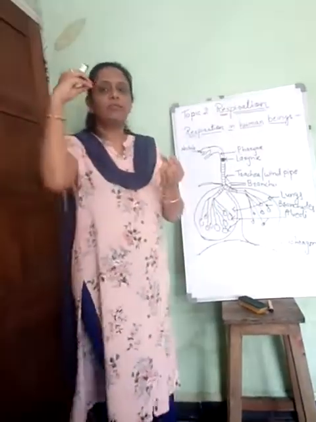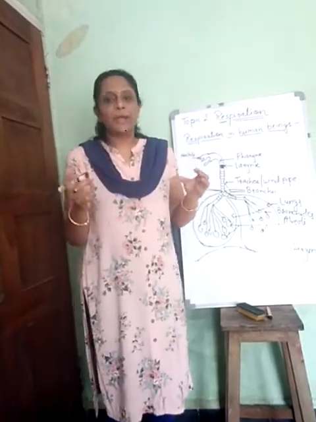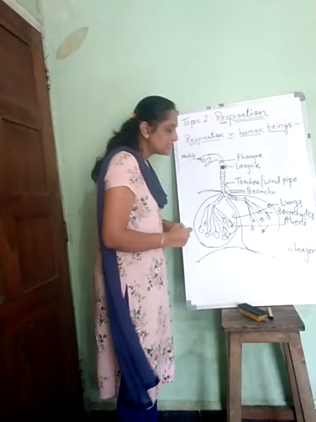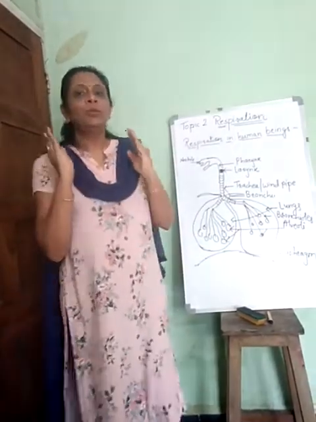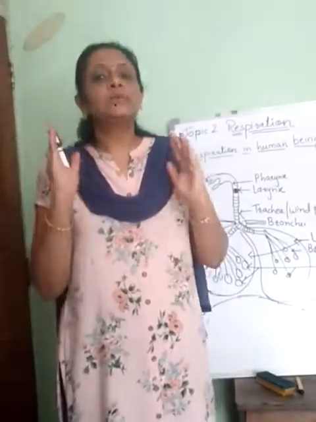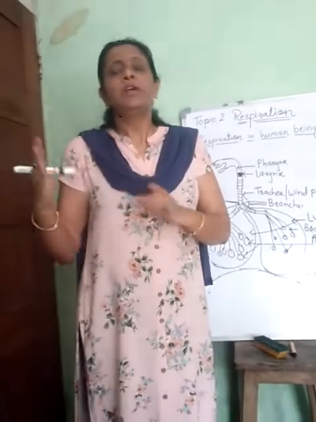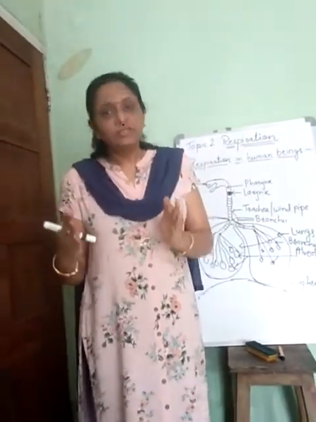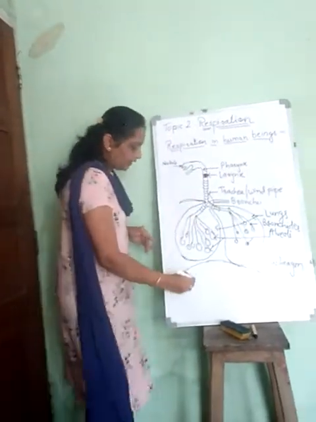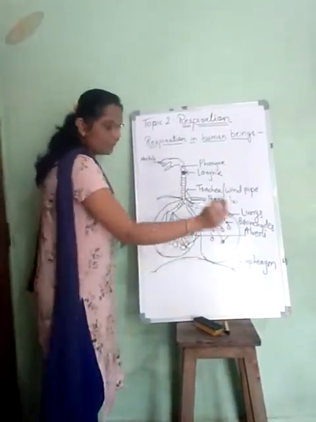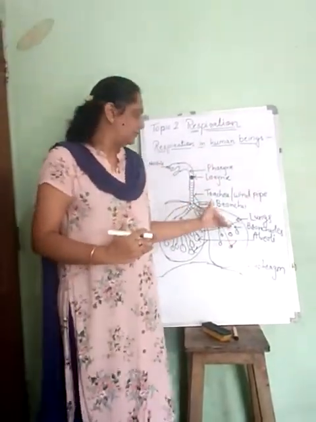When air enters the alveoli, it expands, and the alveoli are richly supplied with blood capillaries. There is one artery called the pulmonary artery, which brings the deoxygenated blood from the heart to the lungs.